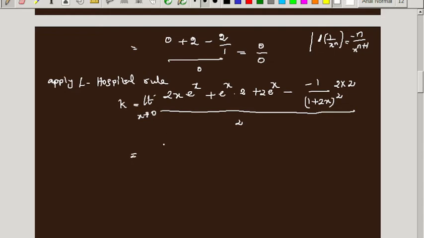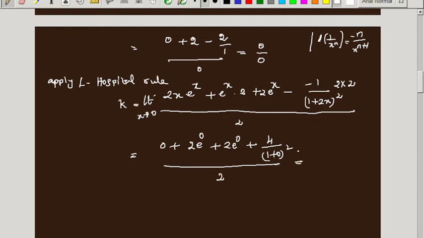So first time get 0, second time we get 2 times e power 0 plus this become 2 times e power 0. Here minus into minus is plus 4 dividing by 1 plus 0 whole square, and denominator we have the constant 2, so here numerator we get 2 plus 2 plus 4 dividing by 2.